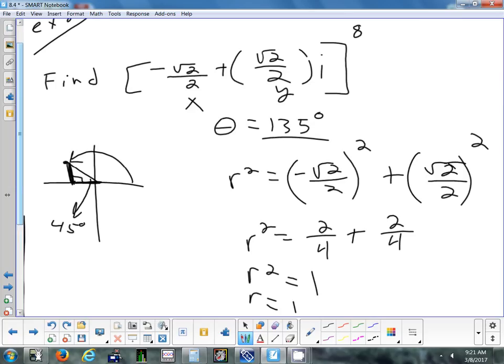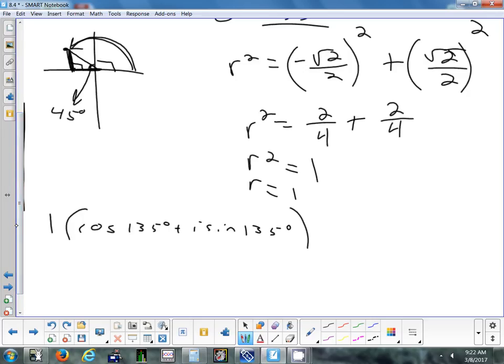So if that's a 45 right here, and this part is a 90, how big is this angle? Well, this part is 90, and then 45 more in the second quadrant. Or you can just do inverse tangent of y over x, and you'll get the same plus 180, because you're in quadrant 2. And you'll get 135.